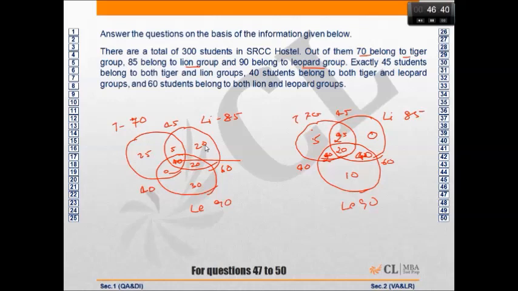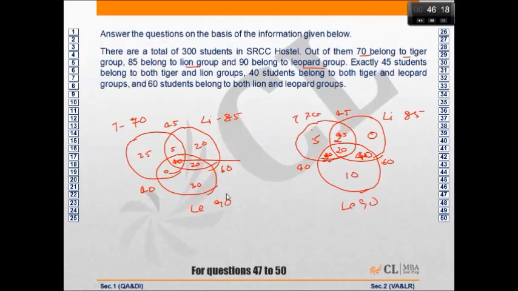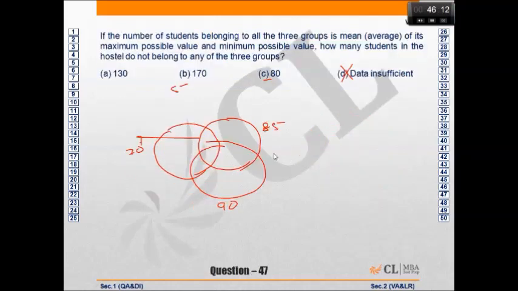20, that's okay. Data insufficient in any case is the incorrect option. So even if I made a mistake, who do not belong to any of the three groups. Okay, so this was 70, 85, 90. Oh, how stupid. This is 60, I had written as 65. 60, 40, 45.